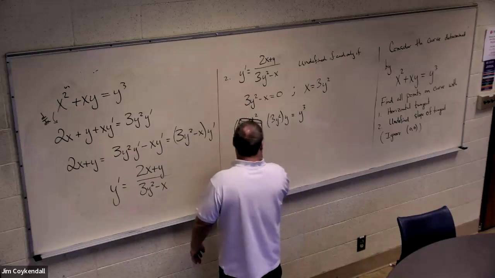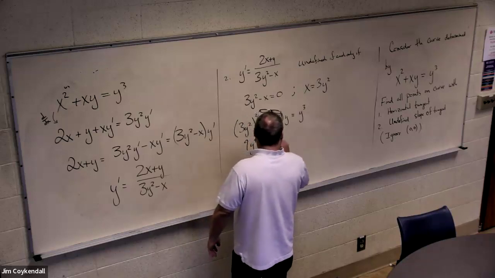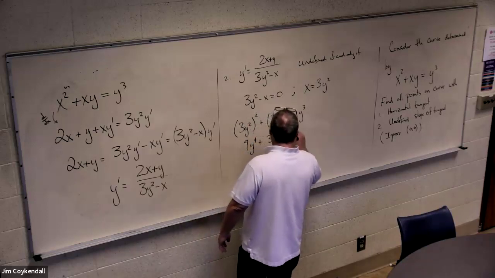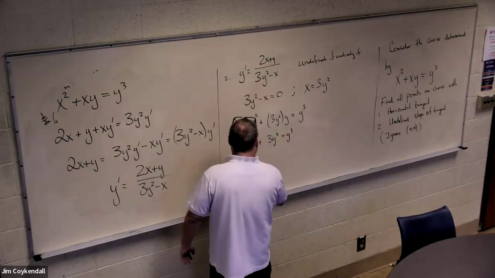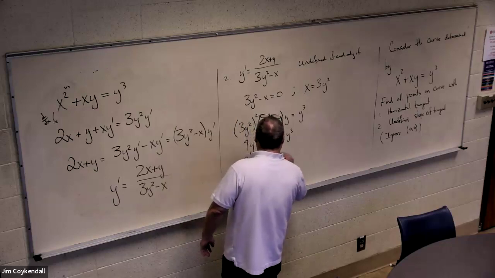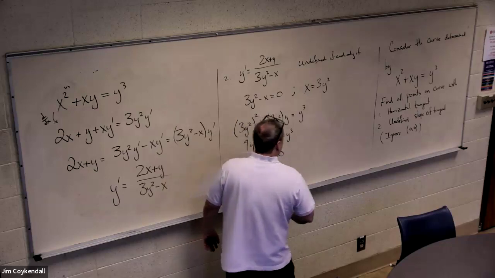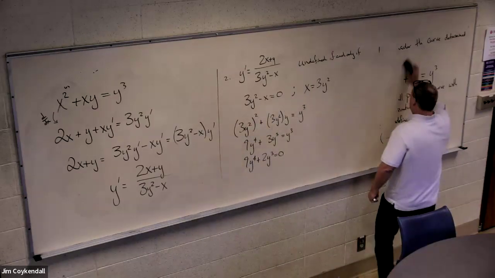Plus it's like 9y^4 plus 3y^2 and y cubed. So 9y^4 plus 2y^3 equals 0, and we'll pull out a y cubed.